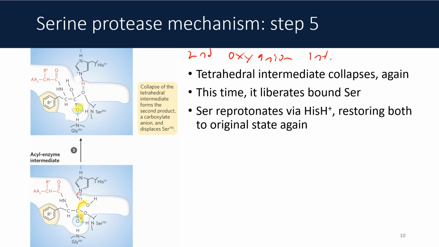As the oxyanion gets stabilized by our very special oxyanion hole, our histidine, his-H, that we formed in the last step by activating water, is going to be hydrogen bonding with the oxygen that belongs to serine.